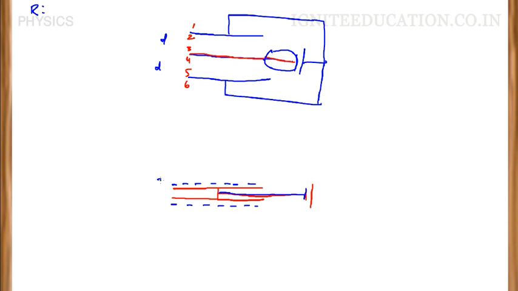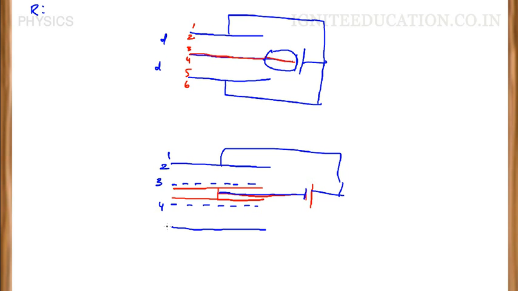So this is the third end, this is the fourth end. Opposite to the third end we have the second plate, that is 2, 1, which is connected to the positive end of the battery, and opposite to the fourth end you have the fifth face of another plate and the sixth plate as well, and it is also connected to the positive end of the battery.